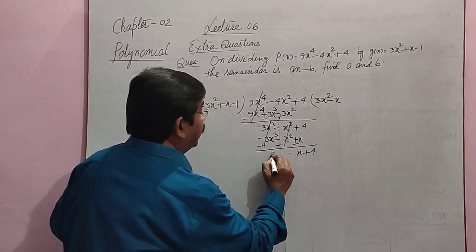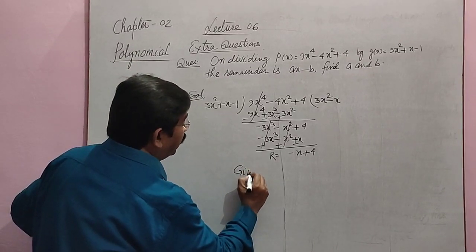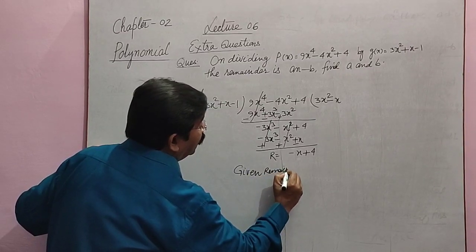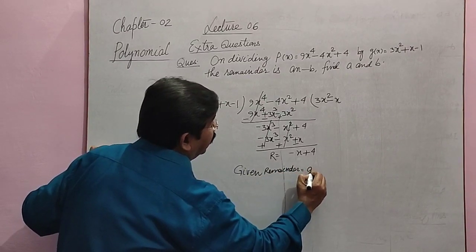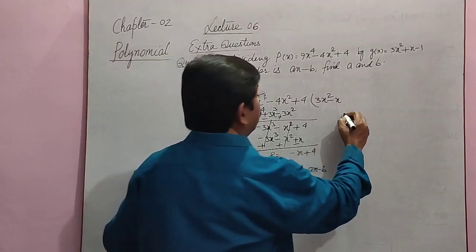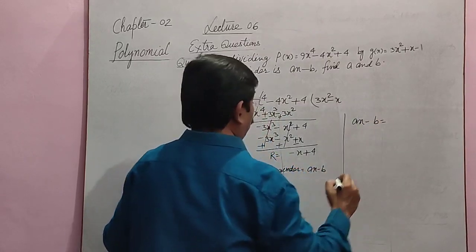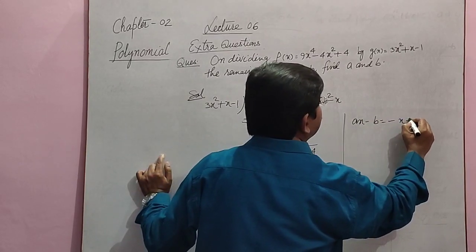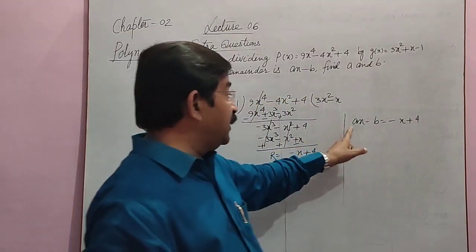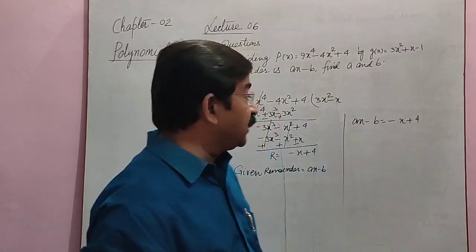So this is remainder, r is equal to minus x plus 4, and given remainder is ax minus b. So we will compare the two remainders. See, ax minus b is equal to minus x plus 4. Now compare the coefficients of x on both sides, and the term without x on both sides.